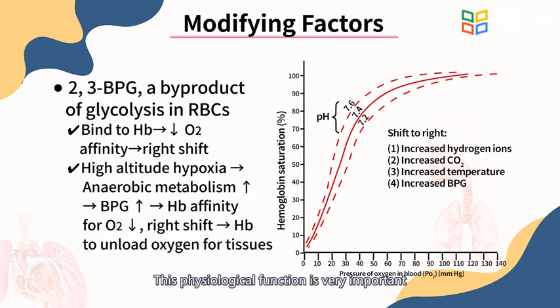This physiological function is very important under low O2 pressure. For example, at high altitude, low atmospheric O2 levels increase the anaerobic metabolism with increased 2,3-BPG levels in order to supply more O2 to vital organs and tissues.